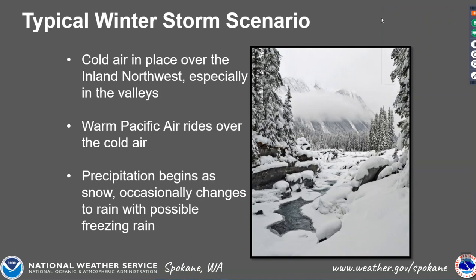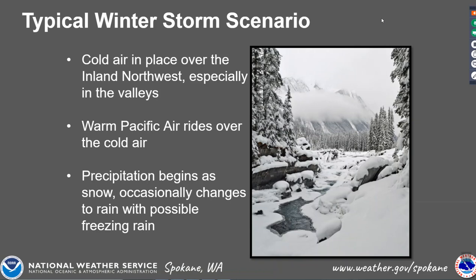So winter storm scenarios. Typically, a lot of times when we see heavy snow, what happens is there's cold air in place. Cold air sinks, so especially in the lower valleys, cold air in place, and then warm Pacific air rides over the cold air.